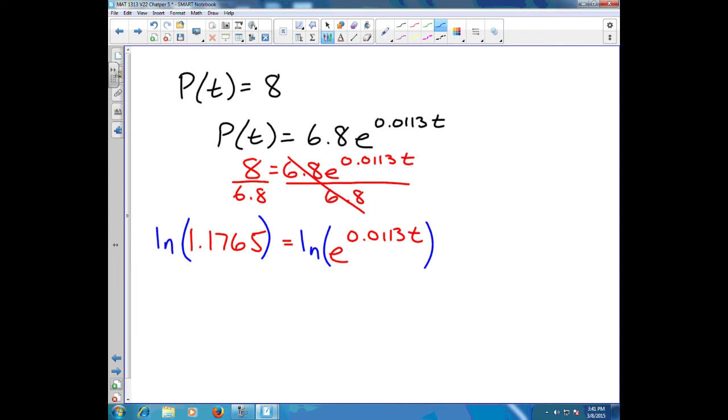The natural log of the left-hand side is just going to give us 0.1625. The natural log of e to the 0.0113t, remember, the natural log of e to the x is just x. So the natural log of e raised to any power is just going to give you the power. And since we're looking for t, now we just divide.